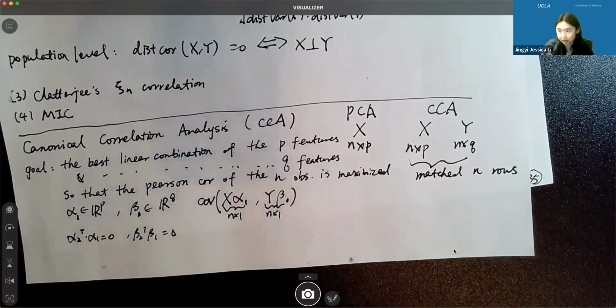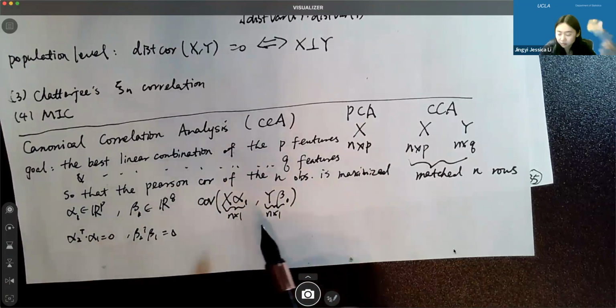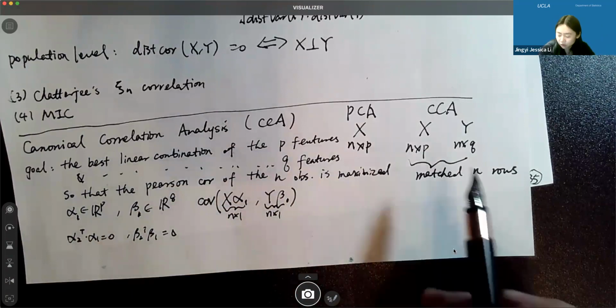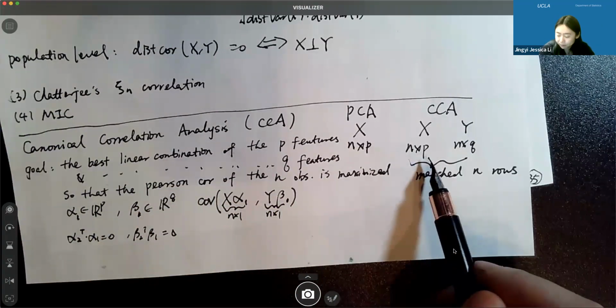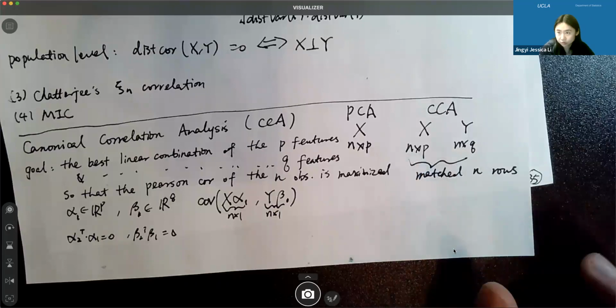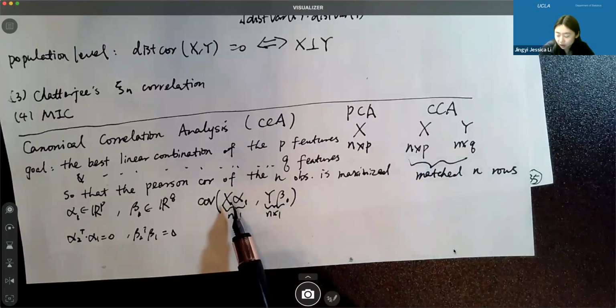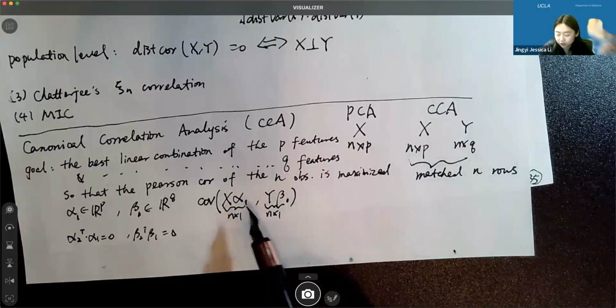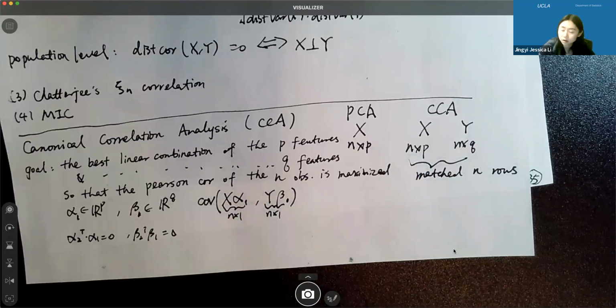So it means they're uncorrelated. Given this condition, you continue maximizing the covariance. Therefore, doing the CCA, you can convert your original n by p matrix and n by q matrix into n scalars for x and n scalars for y in the transformation. Then you can compute their correlation.